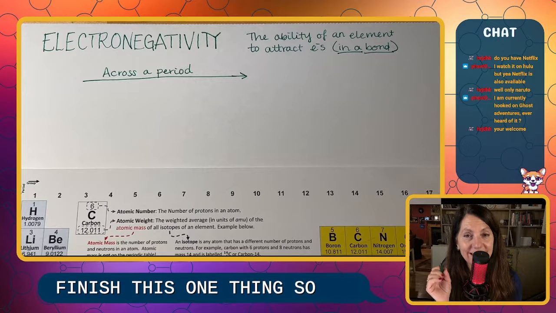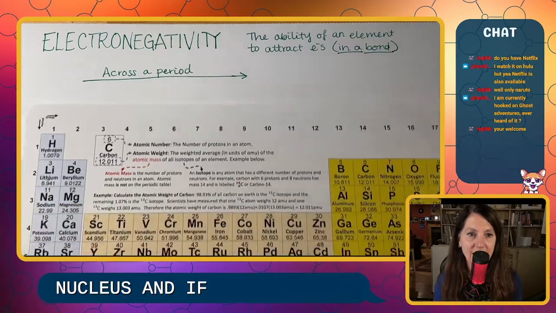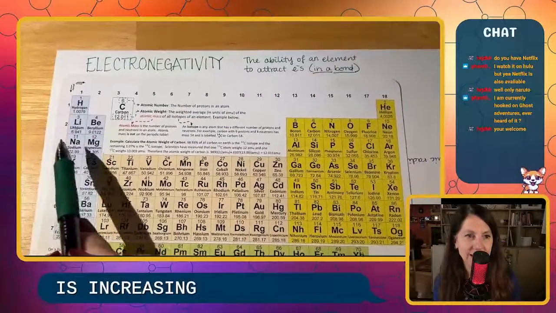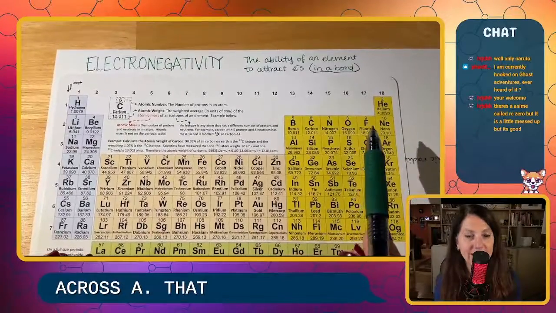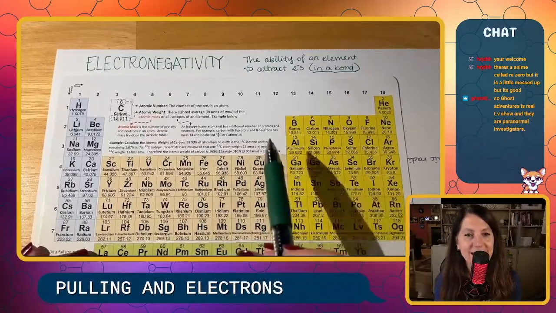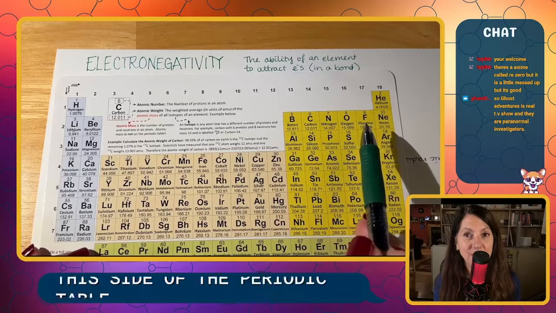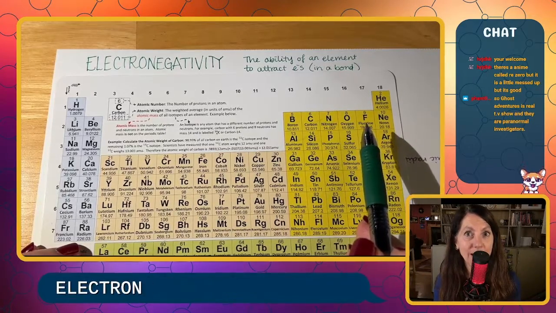So because of effective nuclear charge, the electrons are getting pulled towards the nucleus, and if that trend is increasing as we go across a period, that also means that if there's a greater effective nuclear charge pulling in electrons, the elements on this side of the periodic table are going to be really good at pulling in electrons from other elements they're bonded to.